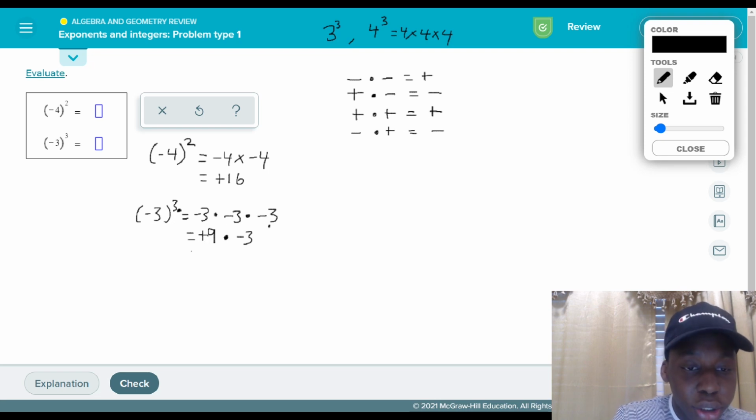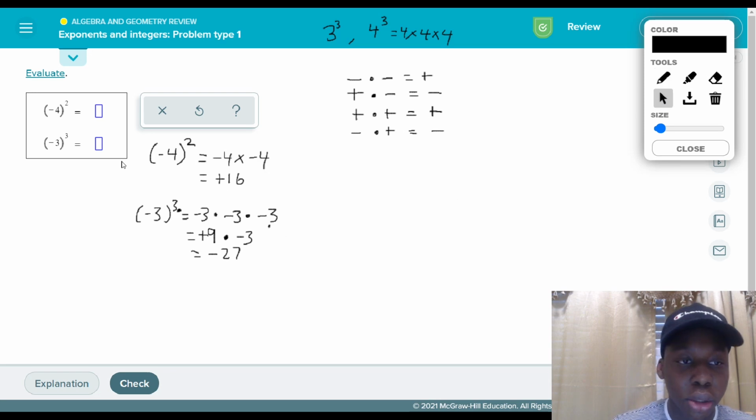We know a plus times a minus equals a minus. So this equals minus first. And we know 9 times 3 equals 27, because if we add 9 by itself 3 times, that gives us 27. So minus 3 to the power 3 should give us a minus 27.